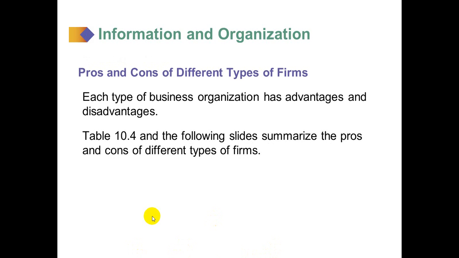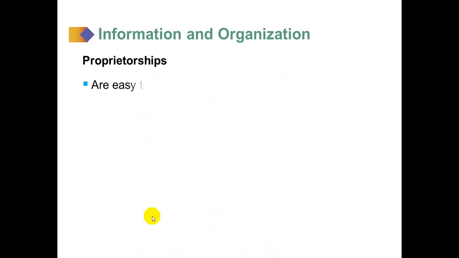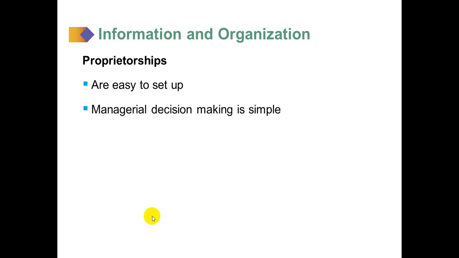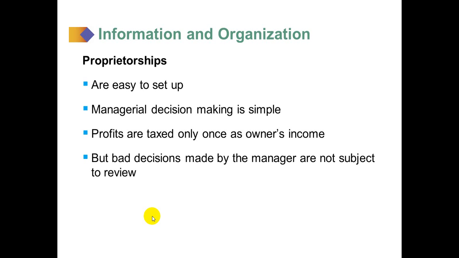Each type of these business organizations has advantages and disadvantages. Proprietorships are easy to set up. Managerial decision making is simple. Profits are taxed only once as the owner's income.